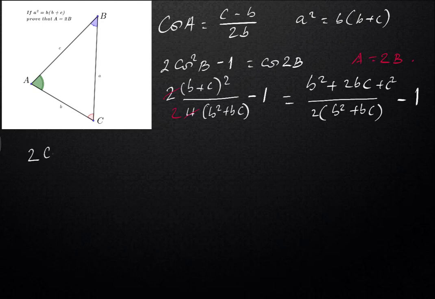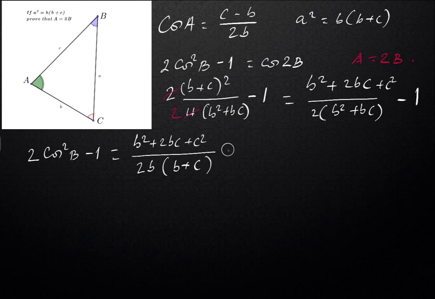We say 2 cosine squared B minus 1, which is equal to cosine 2B. We continue the calculation here. We can say it is B squared plus 2BC plus C squared over the quantity 2 times B squared plus BC. 2 times B, actually you can put B in factor. 2 times B, factor in B plus C. Okay?